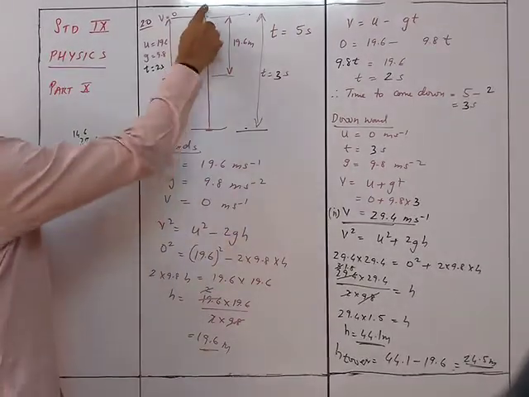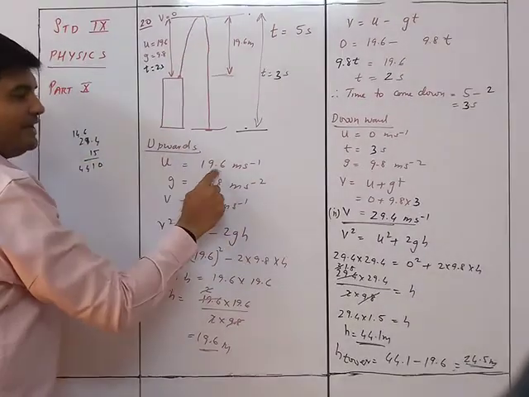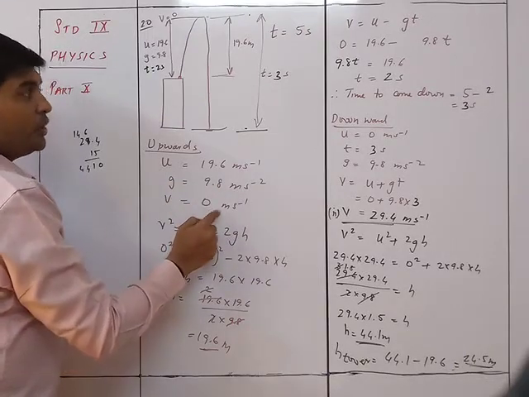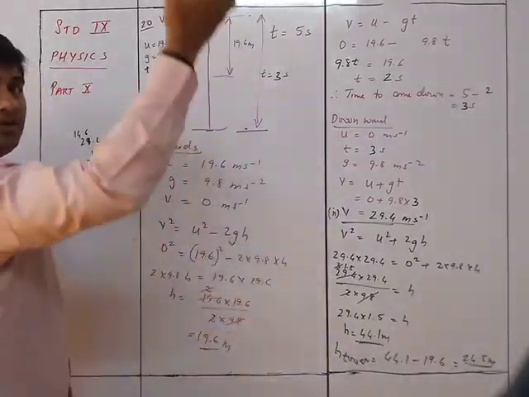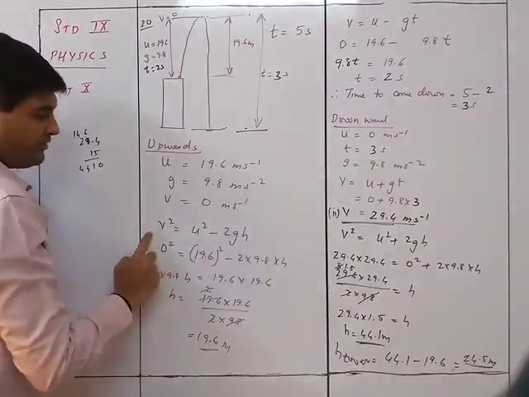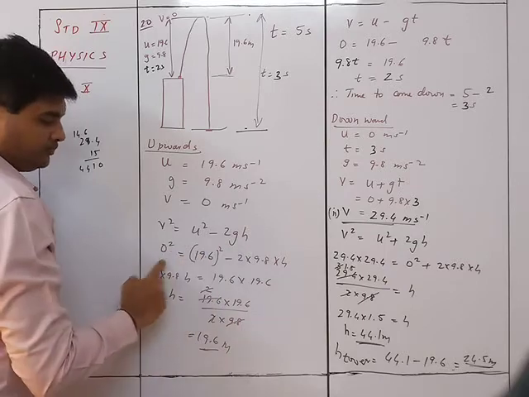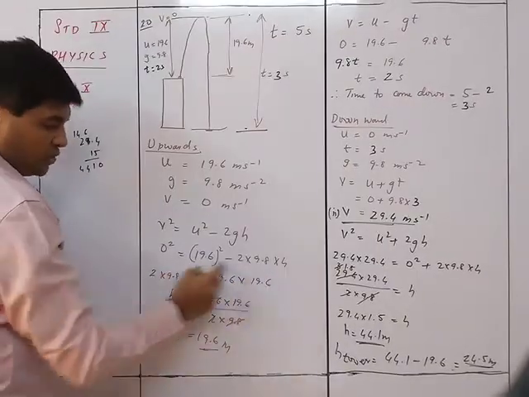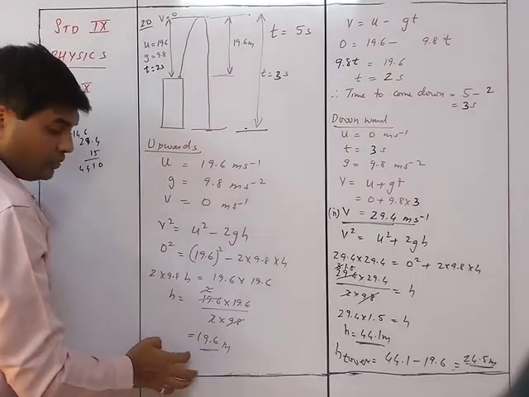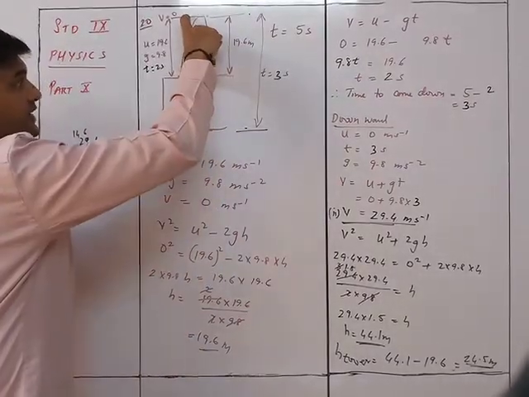So when the ball is going upwards, you have the initial velocity 19.6, g is 9.8, v is equal to 0 because at this point the body is going to stop. So therefore final velocity will be 0. Using the formula v square is u square minus 2gh, you get the value of h over here, which is 19.6 meters. Okay, so this distance is 19.6.